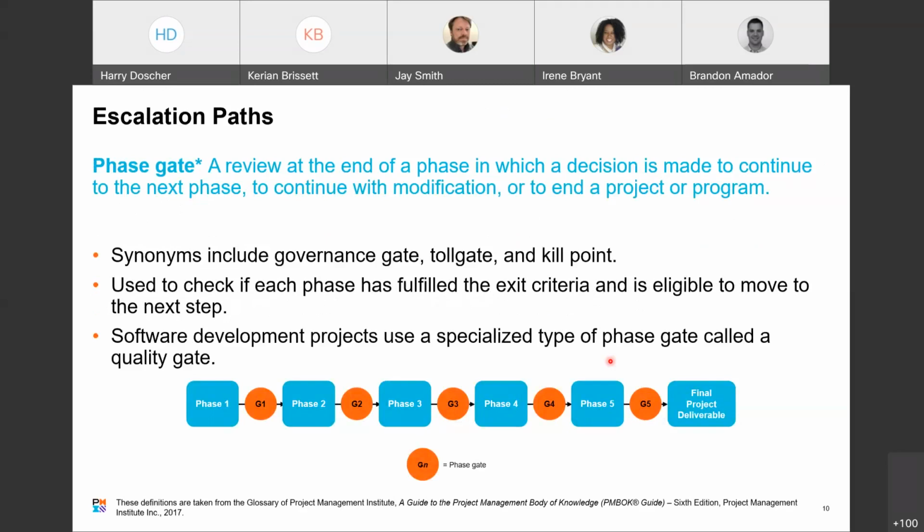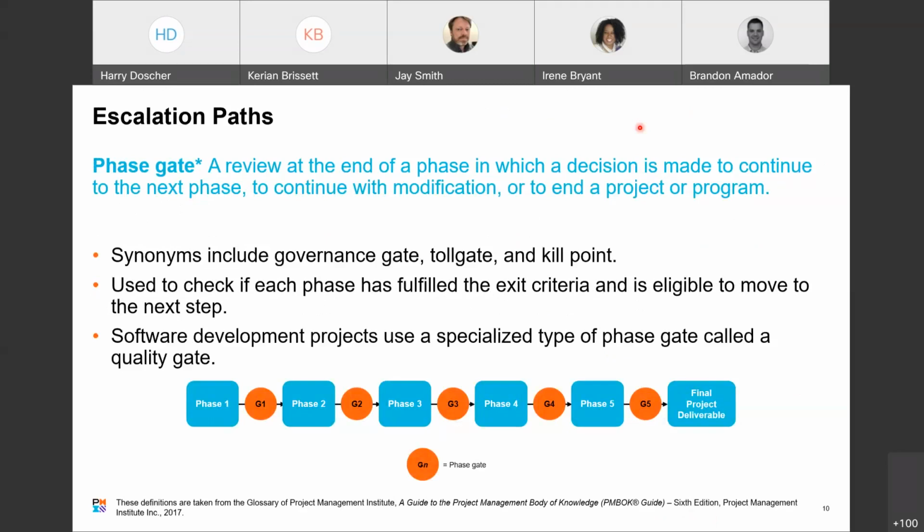Now, know the definition of a phase gate. And again, I don't know if this is on your slides or not, but they do note that this is from the 6th edition again. So all of the definitions that you'll see in this presentation are from the 6th edition.